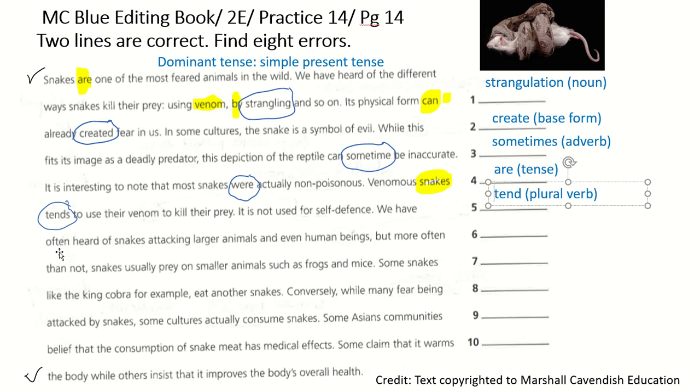We have often heard of snakes attacking larger animals and even human beings, but more often than not, snakes usually prey on smaller animals such as frogs and mice. Now I'm thinking, these two lines seem not to have any errors. Is it "attacking larger animals"?